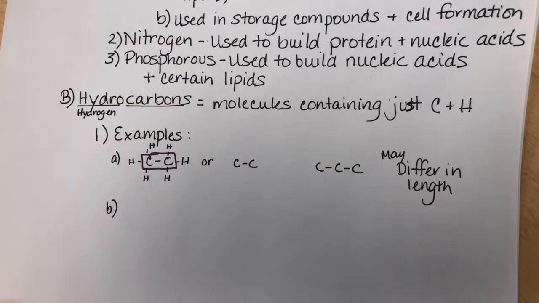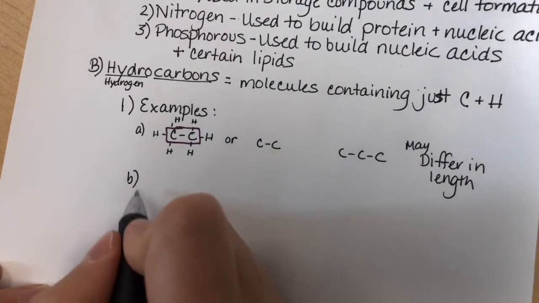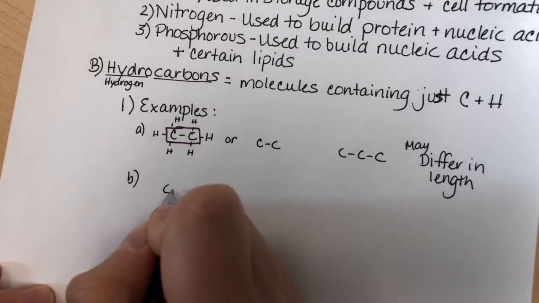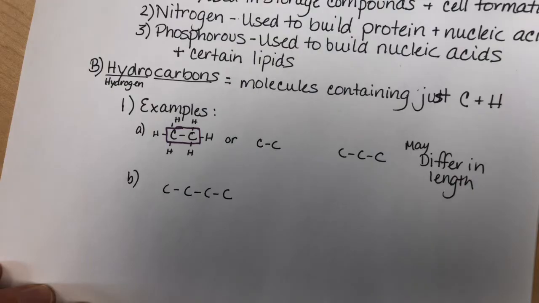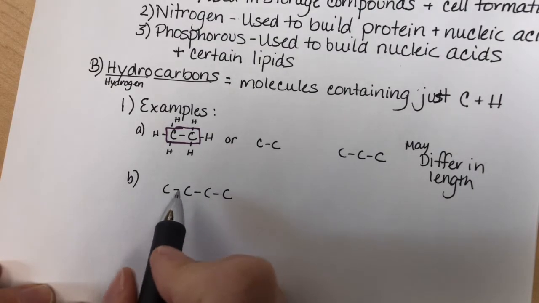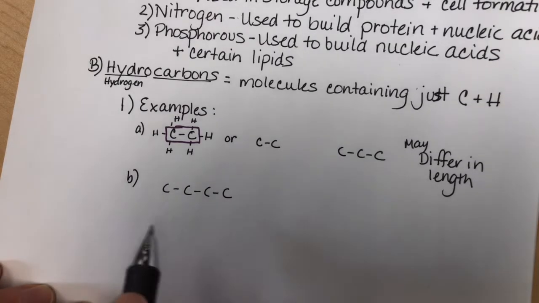Then example B here, let's look at the way that they can differ. In this case, I'm going to do 4 carbons in a row, and you imagine that there are hydrogens coming off of here. What is the molecular formula for this?